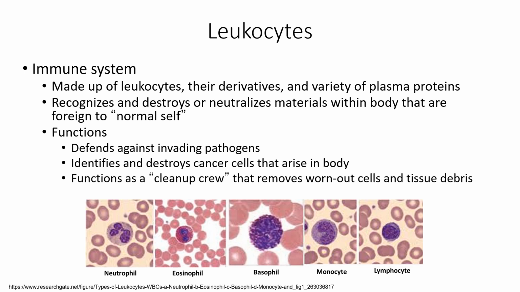They recognize and destroy or neutralize materials within the body that are foreign to the normal self, anything that's foreign to what's present normally in the body. They function in defending against invading pathogens, identifying and destroying cancer cells that arise in the body, and they also function as a cleanup crew to remove worn out cells and tissue debris.